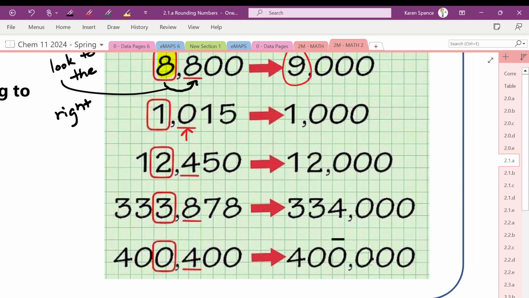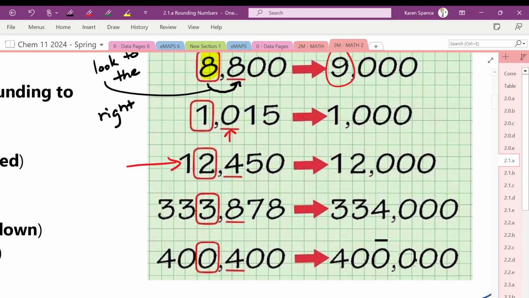Sometimes people look at one like this and they say, oh, I've got 12,450. Well, that would round to 12,500, which would round to 13,000. That's called double rounding, and you don't ever want to do it.